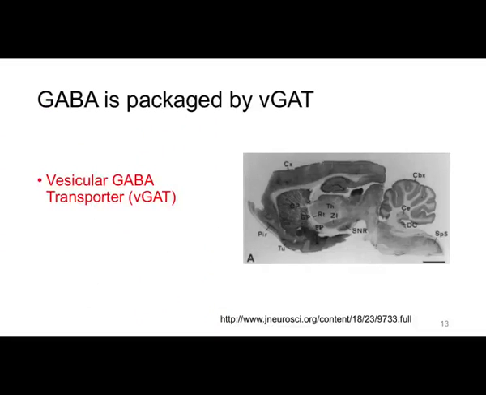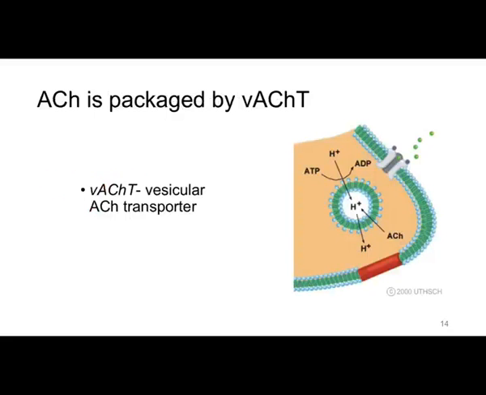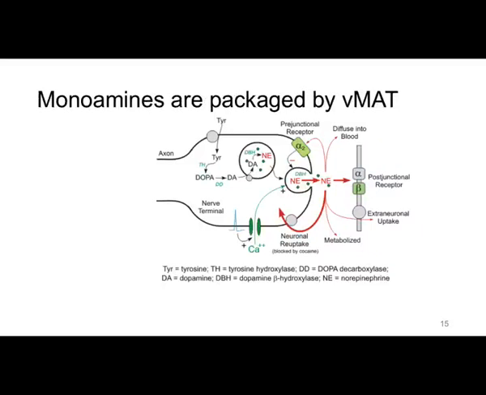GABA is packaged by vesicular GABA transporter, or VGAT. It should not be surprising at this point that acetylcholine neurons have a transporter named vesicular acetylcholine transporter, which is used to pump acetylcholine into the vesicles in those cells. For monoamines, it's a little bit of a different story. Here we have vesicular monoamine transporter.